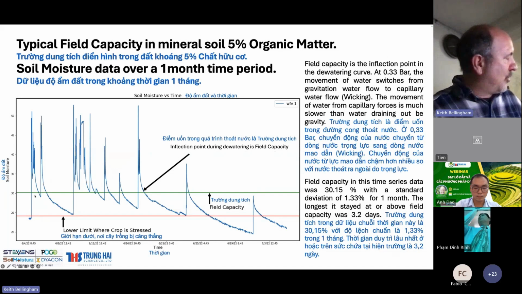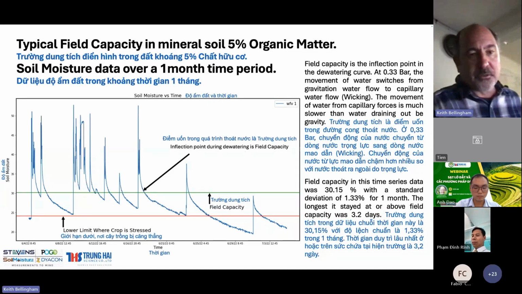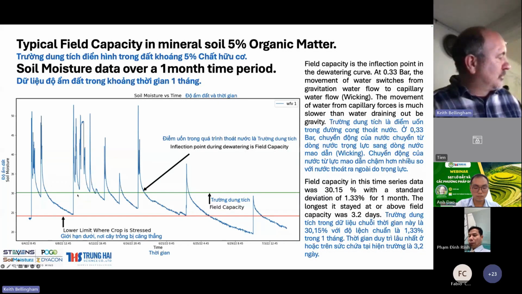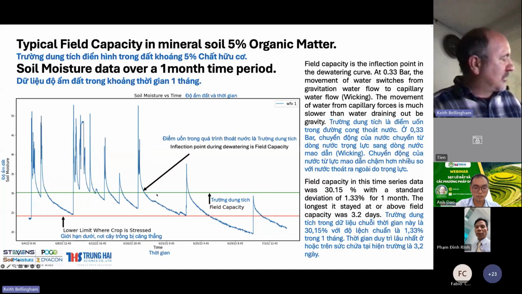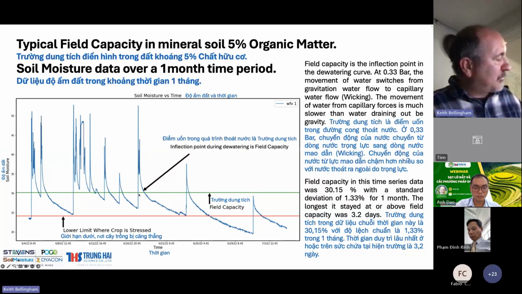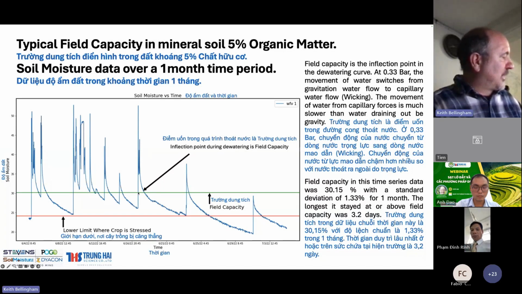It's the elbow in the dewatering curve. As we can see in this green line, the elbow inflection point on the dewatering is where the field capacity is. This is a good way of determining what the field capacity is by looking at time series soil moisture data.